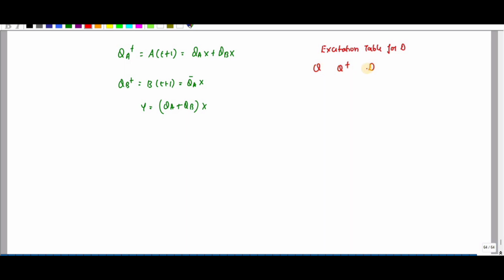The next state value you will get at D, so I can write D = Q+. Instead of QA+ I can write DA, and instead of QB+ I can write DB.